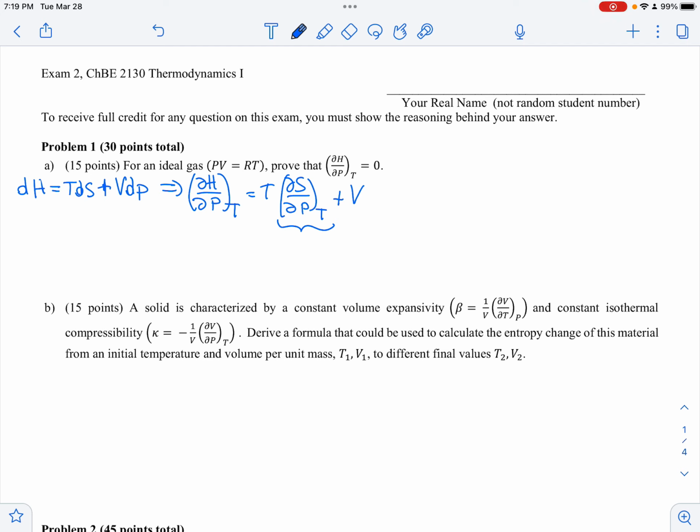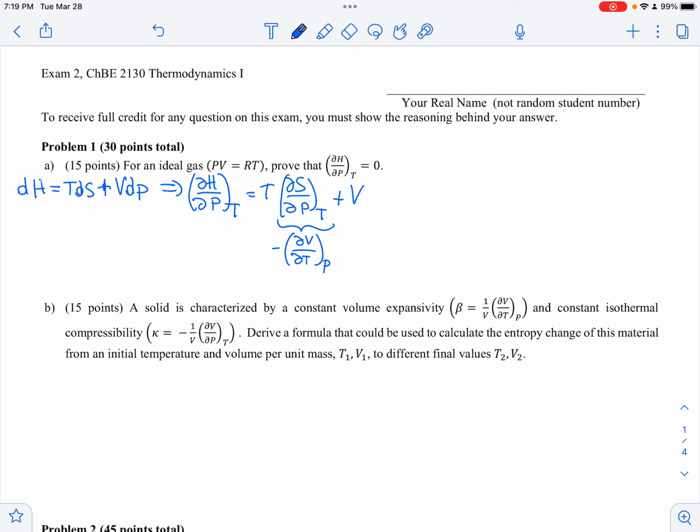Well, if you look through the Maxwell relations, which would also be on your equation sheet, you will find there's a Maxwell relation that relates this term, dS/dP at constant T, to minus dV/dT at constant P. And this is something we can calculate because we know the ideal gas law.